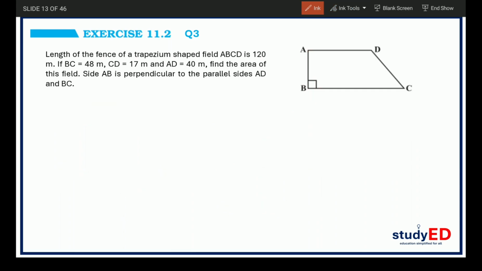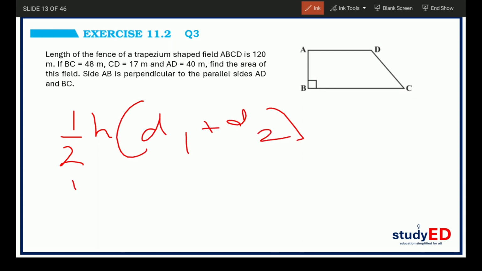trapezoid. Okay, now that we've got the height as well, let's use the formula and find out the area of this field. 1 by 2 h into d1 plus d2, where the height was given as 15 and d1 plus d2 is 40 plus 48.